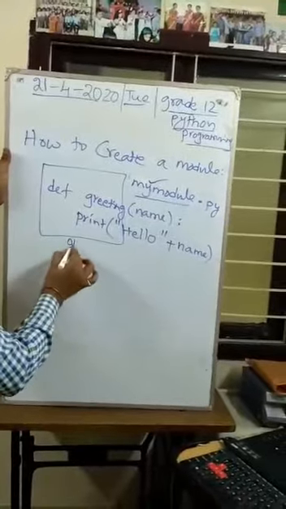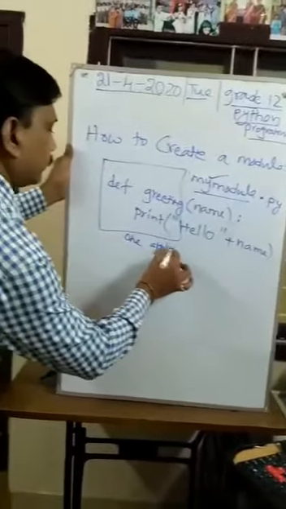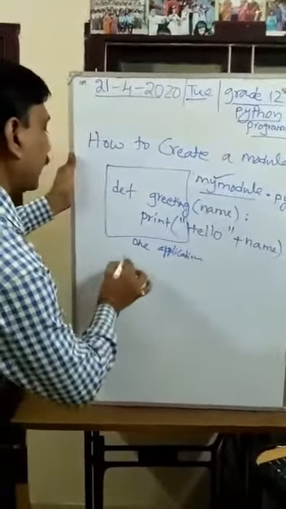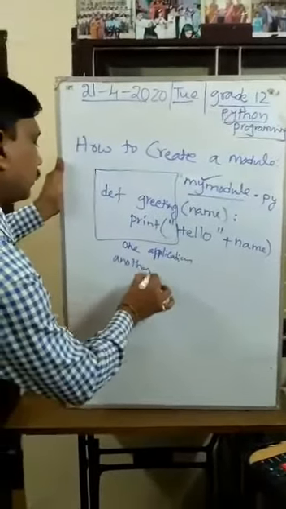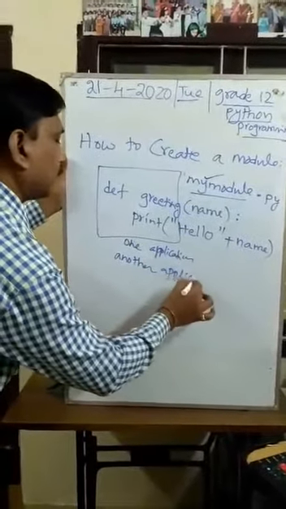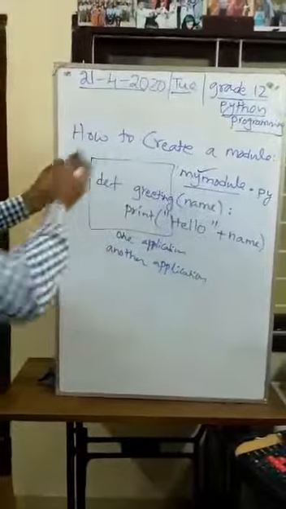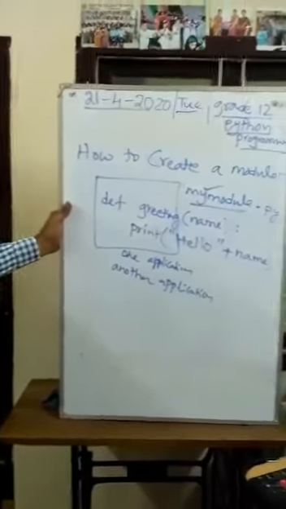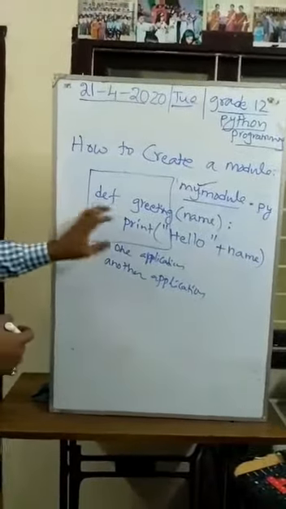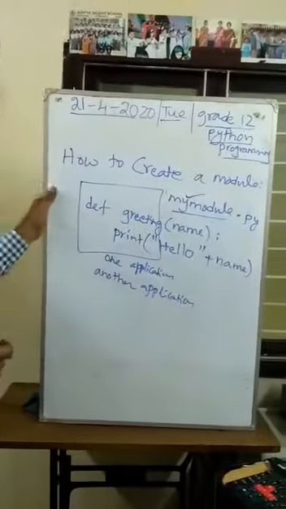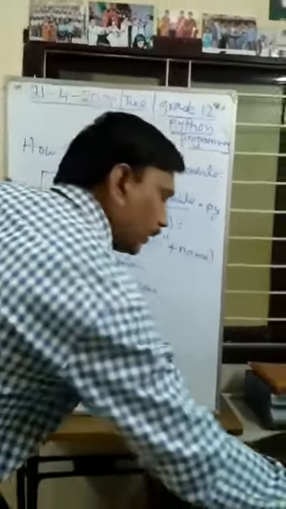Then this one is one application, for example. I am creating another application, a second application, by using this code in that application. So how to use this module in another application? We use the module in this application.